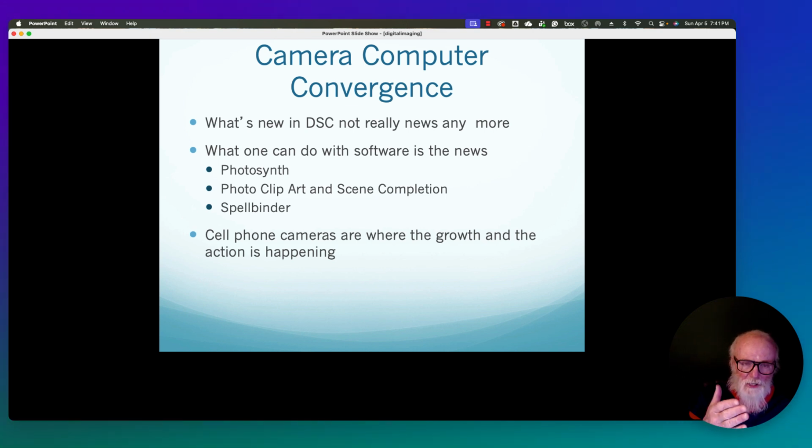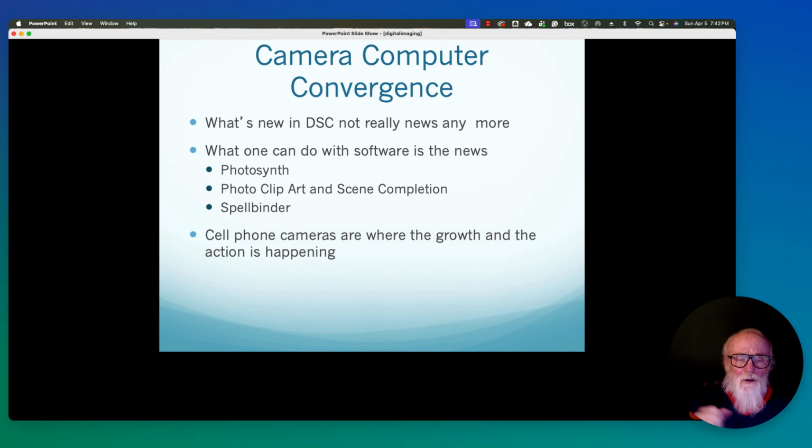You used to have to go to some kind of software like PhotoSynth, Photo Clip Art, Scene Completion, or Spellbinder. These are all good apps, but you don't really need them anymore. Well, you can still do things with these you can't do on your phone, but the technology is to the point now where the manufacturers are putting some of the editing apps on your phone.